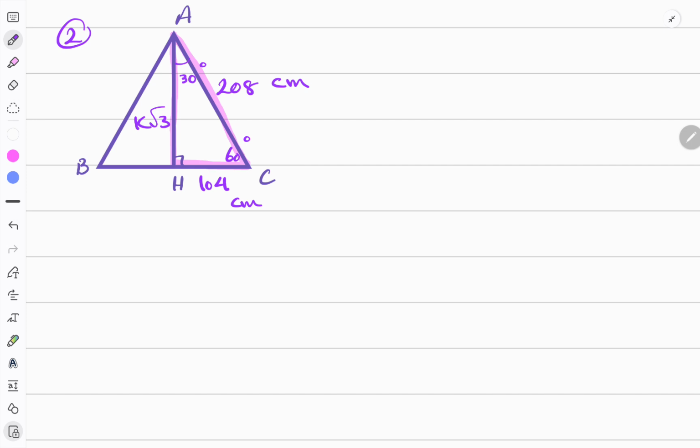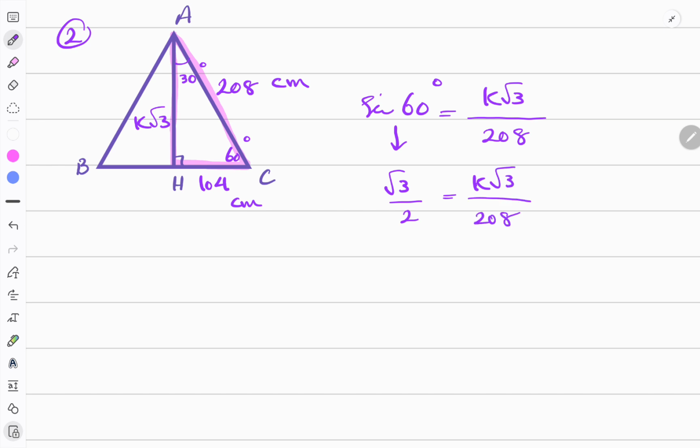So the related trig ratio is sine of 60 degrees, which is the opposite side AH, or k radical 3, over the hypotenuse, which is 208. And we know that sine of 60 degrees is square root of 3 over 2. So we have an equation in the form of fractions, and I'm going to solve for k.